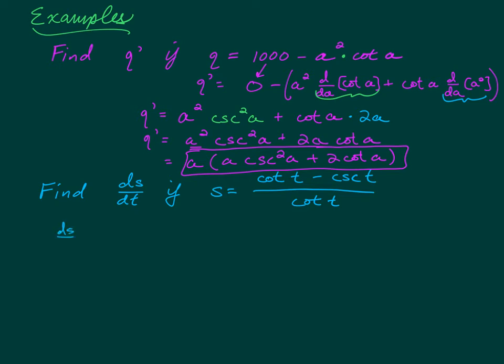So this will be ds/dt equals cotangent t times the derivative of the numerator, which is cotangent t minus cosecant t.